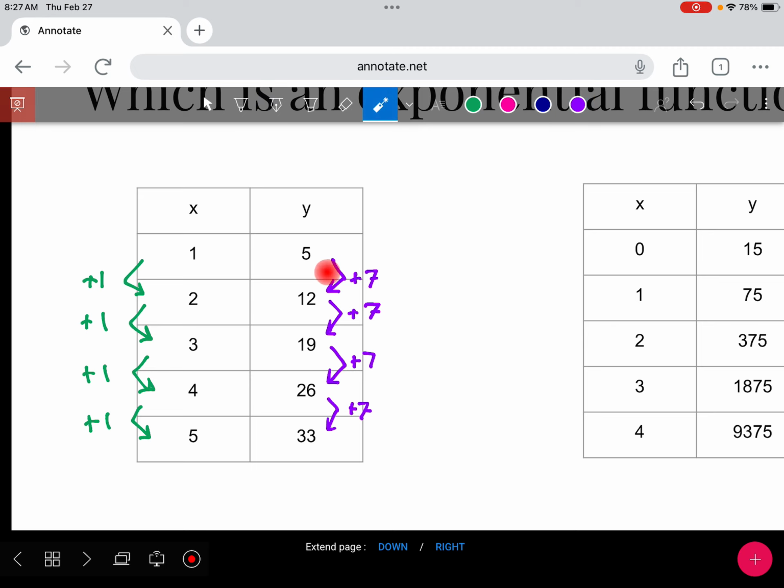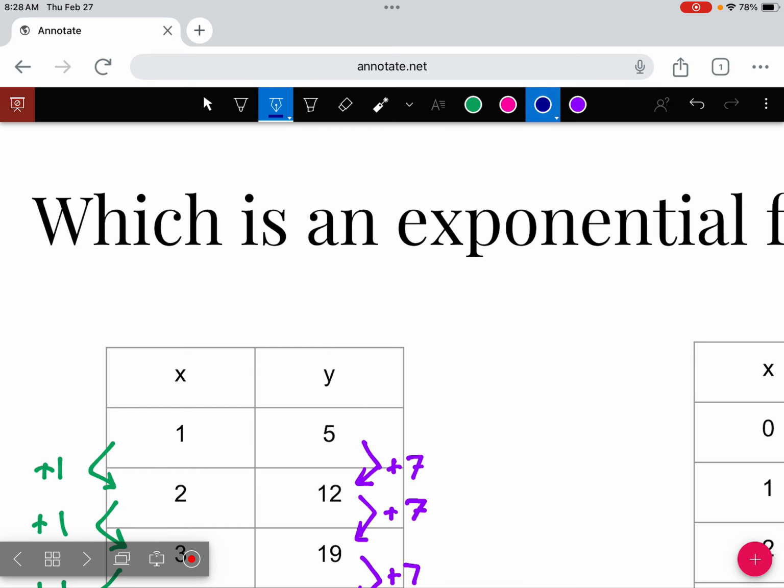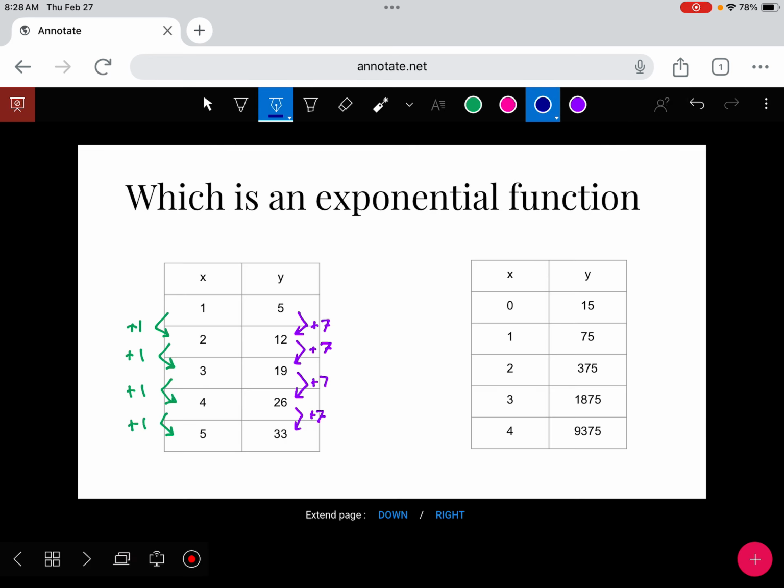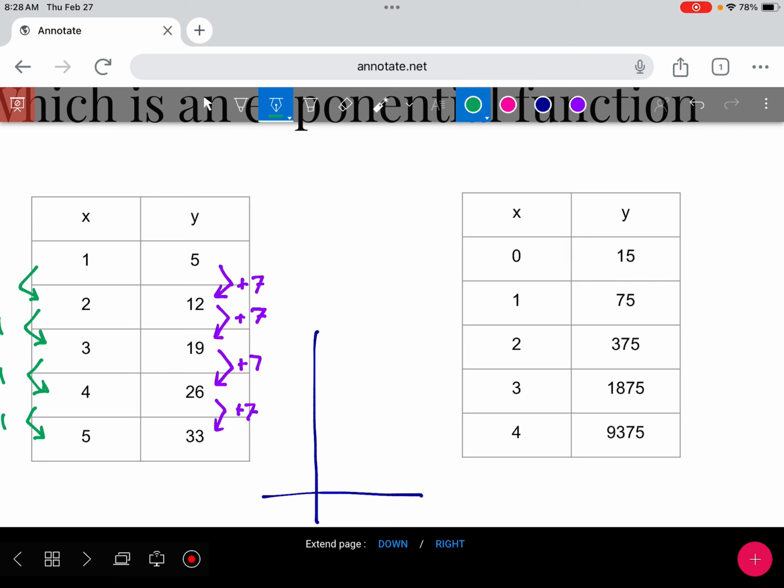If my rate of change, how it's changing here, is exactly the same on this first set, what's this going to look like if I was to sketch it out and graph it? Well, I'd have my 1, 5, my 2, 12, 3, 19, 4, 26, 5, 33.